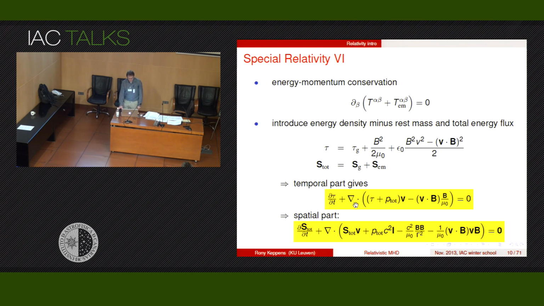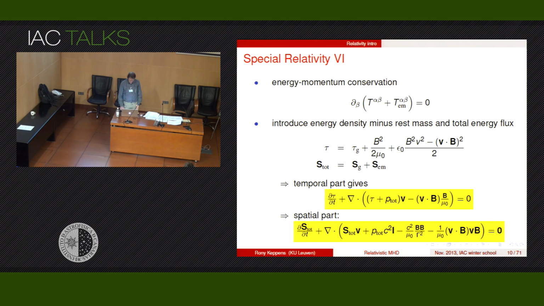And then I have equations that look like what I had before: the partial derivative with respect to time of a quantity plus the divergence of something is equal to 0, and the partial derivative of a total momentum vector plus the divergence of something equals 0.